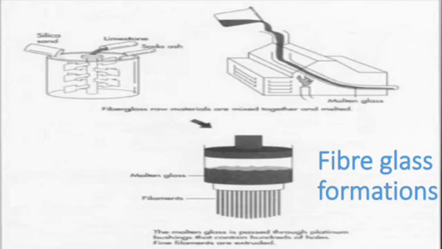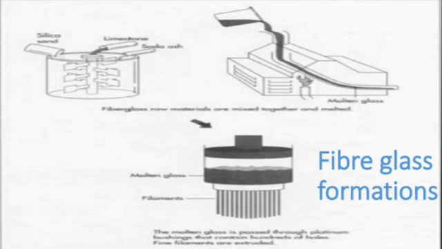Once these three, the limestone, the soda ash, and the silicon sand, are mixed in a bucket and stirred together, they are taken to a hot furnace which will be heated for several hours before being taken to another vessel for sieving.